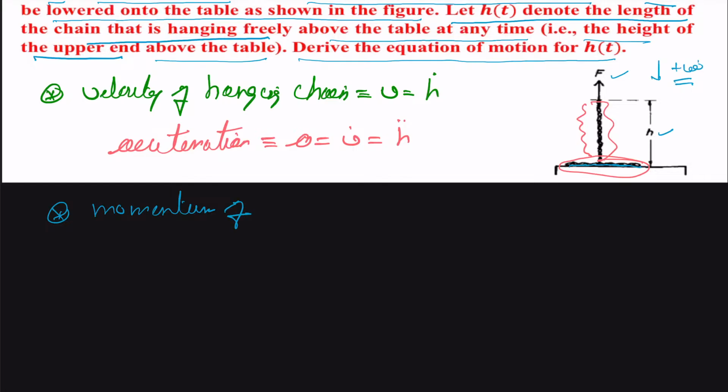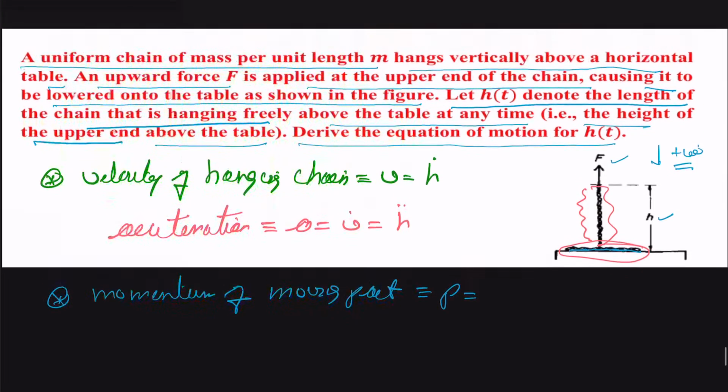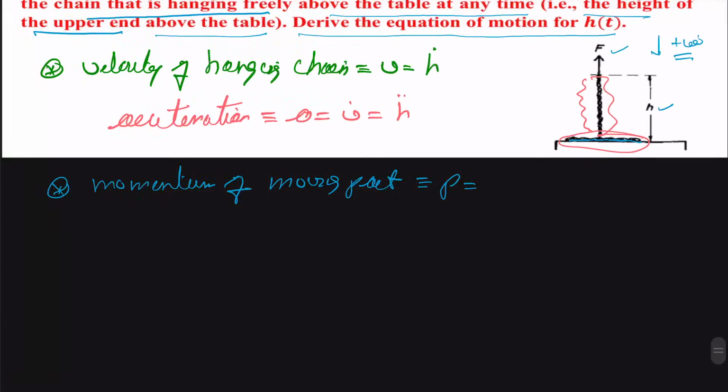Let us suppose that momentum is p, and this p will be equal to mass of the hanging chain, and mass of the hanging chain, we are given that the mass per unit length is our m, so mass of the hanging chain will be our m times h, multiplied by the velocity v.